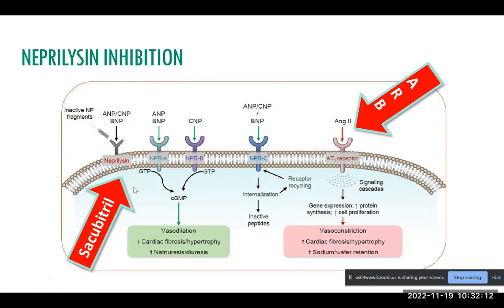These natriuretic peptides are important in increasing natriuresis and diuresis, and they decrease cardiac fibrosis and hypertrophy. So once degraded, this effect will go away. Sacubitril prevents this breakdown of these peptides. So that is how sacubitril works.